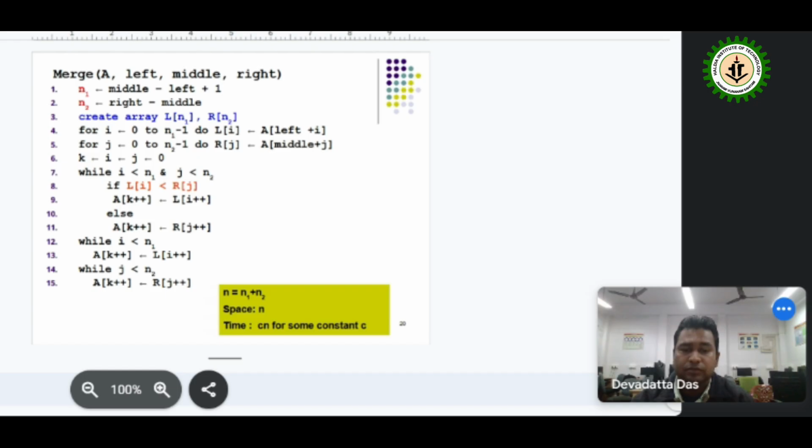While i is less than n1, A[k++] equals L[i++]. And also using another while loop for j: while j is less than n2, A[k++] equals R[j++]. So n equals n1 plus n2 and the space equals n. And here the time used is also cn for some constant c.